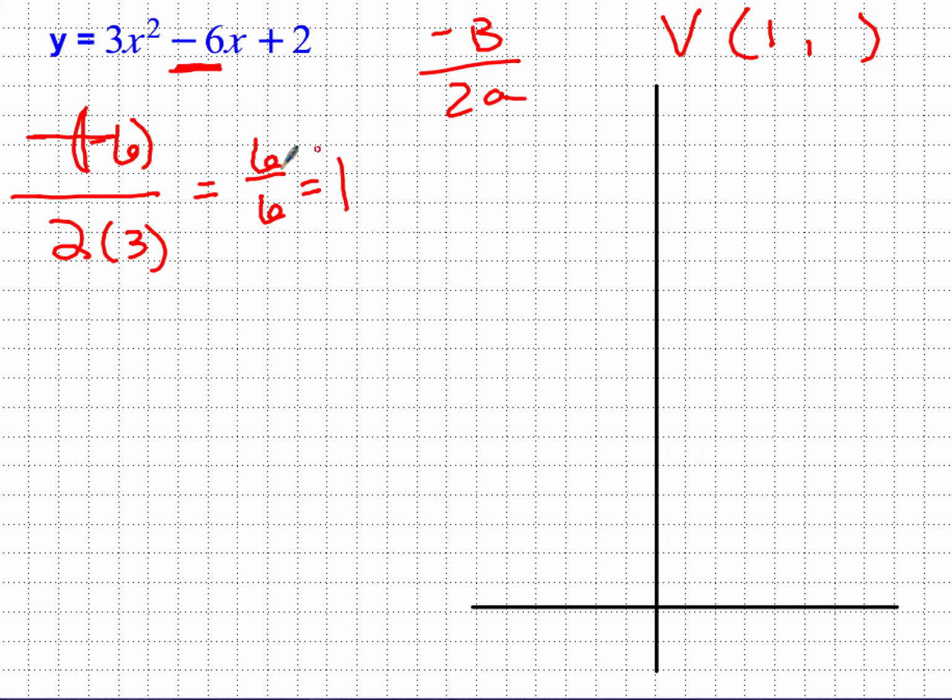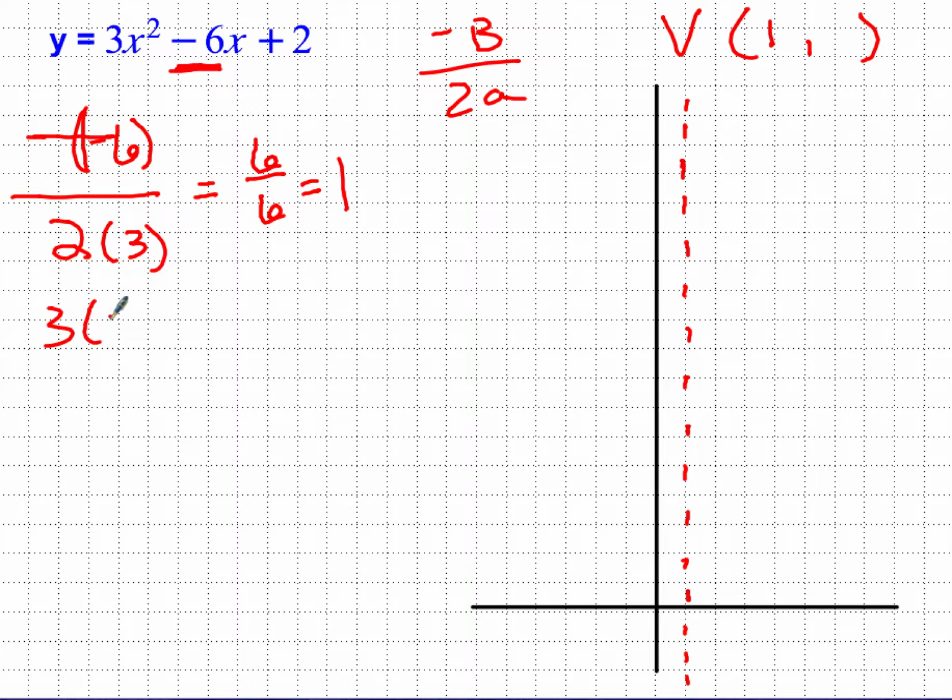What I just found is the axis of symmetry. So technically the axis of symmetry is right here at x equals 1. That means the left side of this line is symmetrical to the right side of this line of my parabola. Here's my axis of symmetry. Now, I know my vertex is somewhere along this axis of symmetry, so I've got to plug 1 into my function to figure out what the y-coordinate is, to figure out where this graph starts.